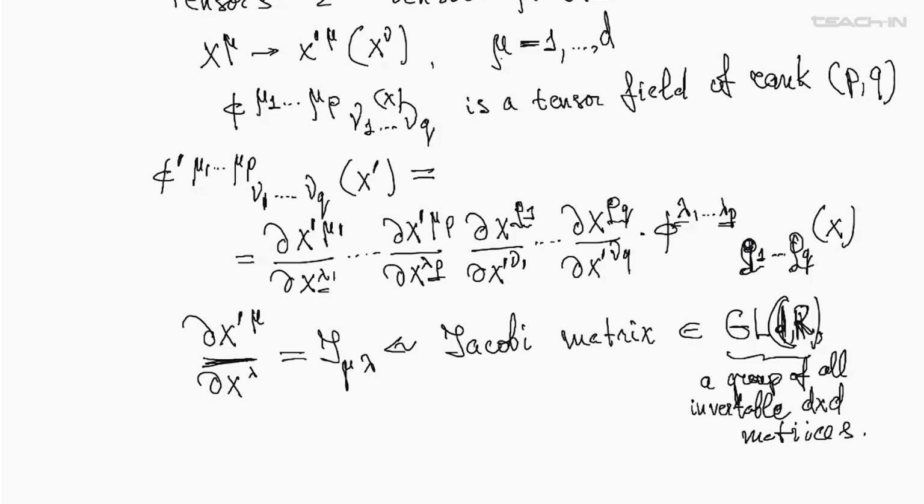D is just a positive integer number which specifies the range of the indices mu, nu, lambda, and so on. They are running from 1 to D.